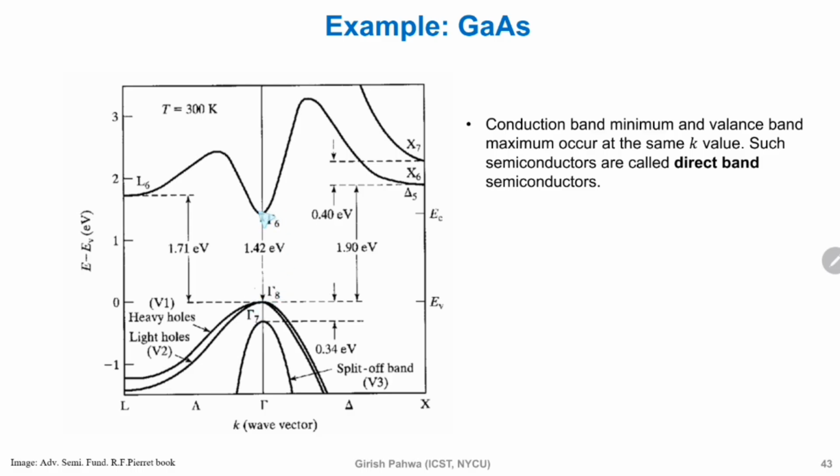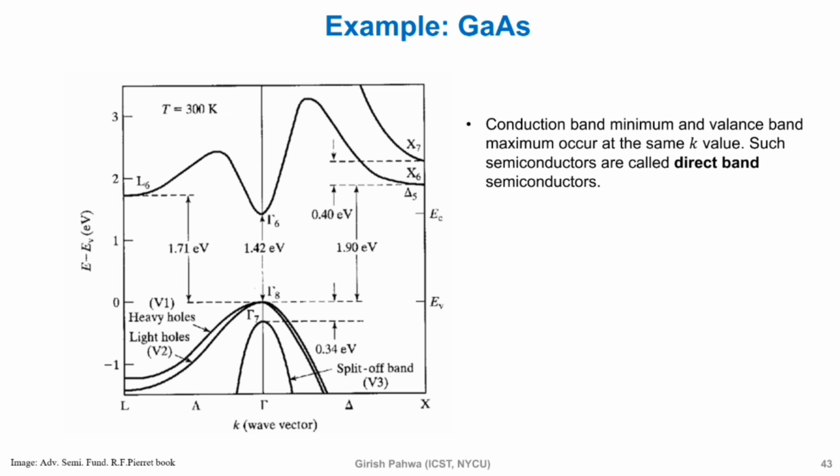If this point and this point are not at the same k, it is called an indirect band gap semiconductor. We will revisit them, but if they have a direct band gap, then they have a unique property that they can emit light.